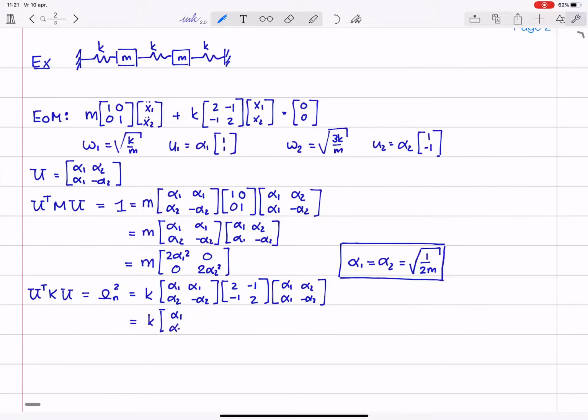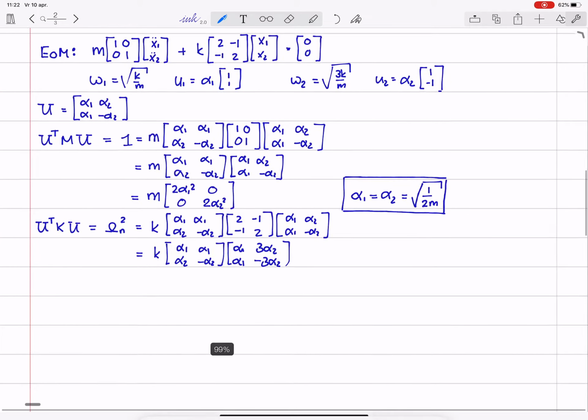We get 2 alpha 1 minus alpha 1, so that is alpha 1. Then 2 alpha 2 plus alpha 2, so that is 3 alpha 2. We have minus alpha 1 plus 2 alpha 1, so that is alpha 1. And minus alpha 2 minus 2 alpha 2, so that is minus 3 alpha 2.